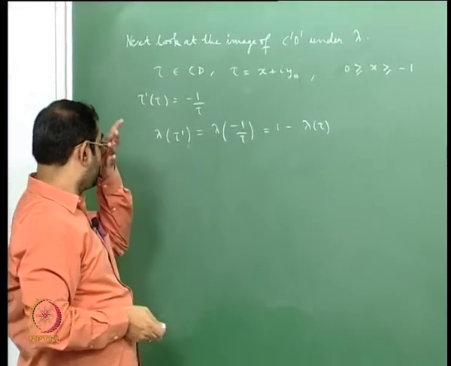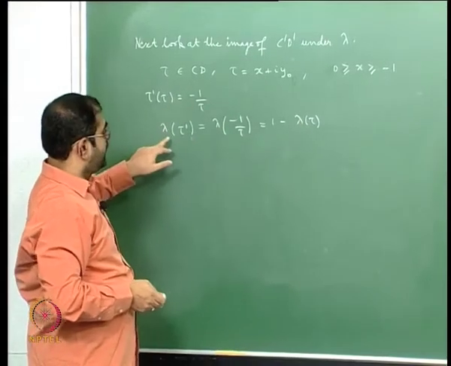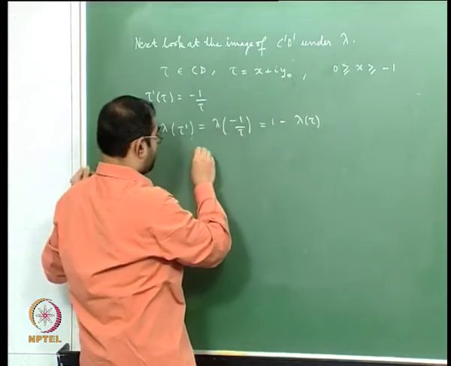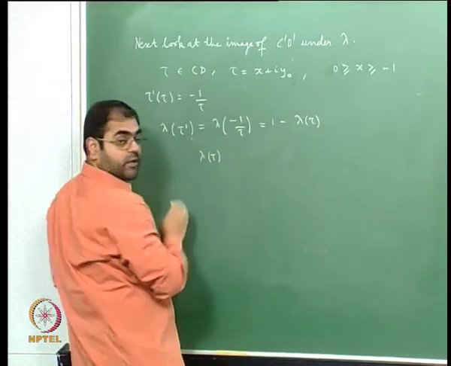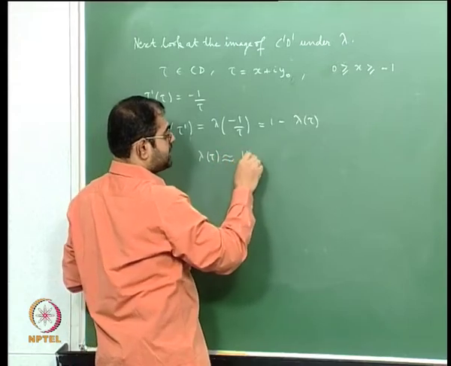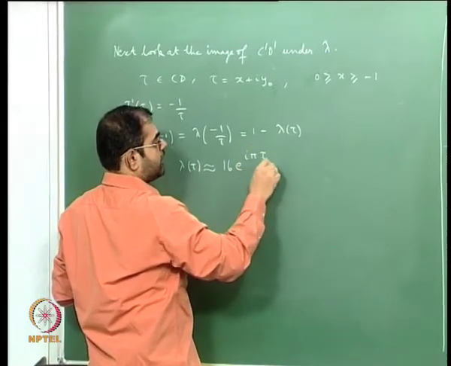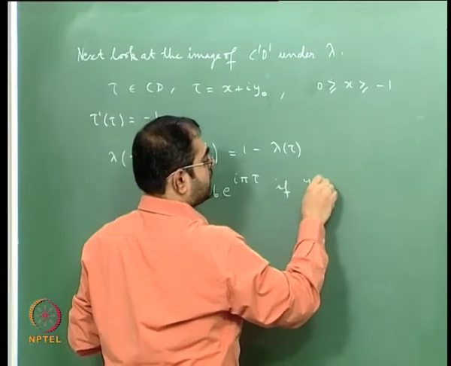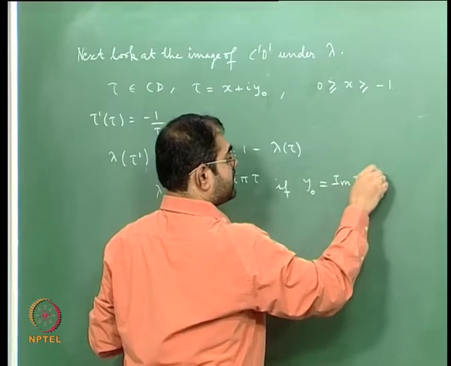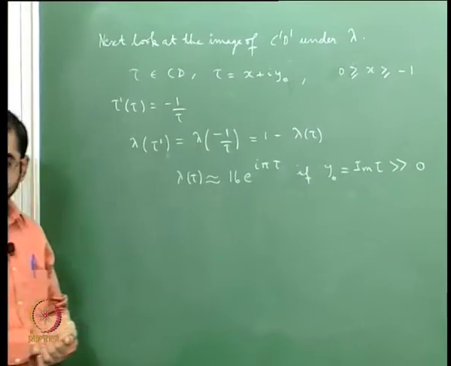And you know lambda of tau can be approximated to 16 e power i pi tau if y naught, which is the imaginary part of tau, is sufficiently large, alright.